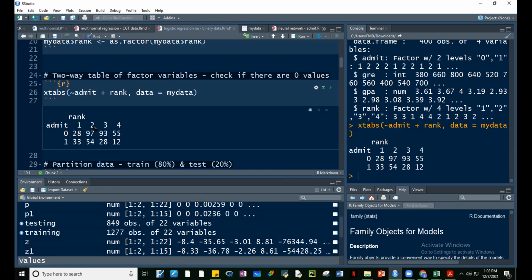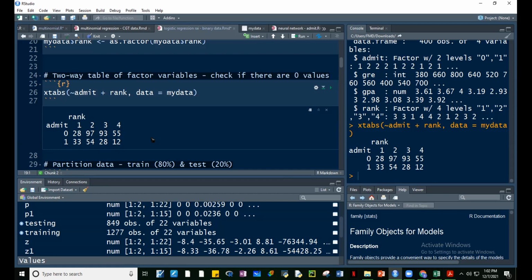So more than 50% were accepted for those coming from a rank 1 school. For those coming from a rank 2 school, you see that it is almost just a third. Only 54 out of 151 were accepted. It goes lower for a rank 3 school, only 28 out of 93. And then for rank 4, only 12 out of 55.